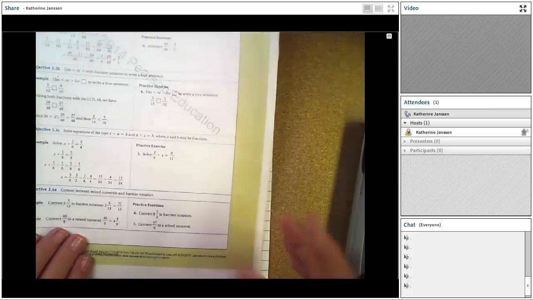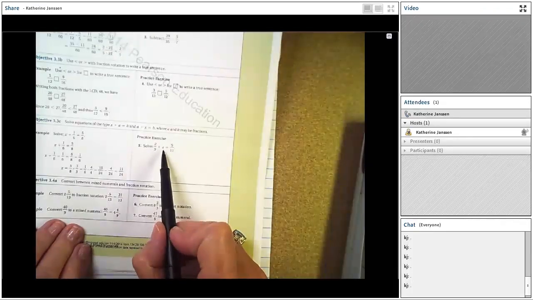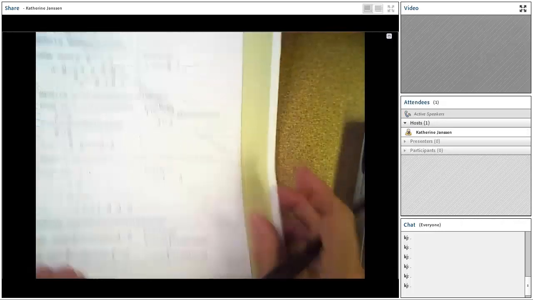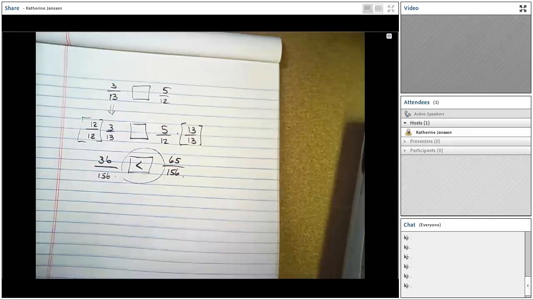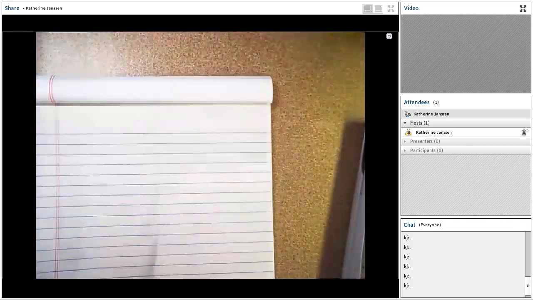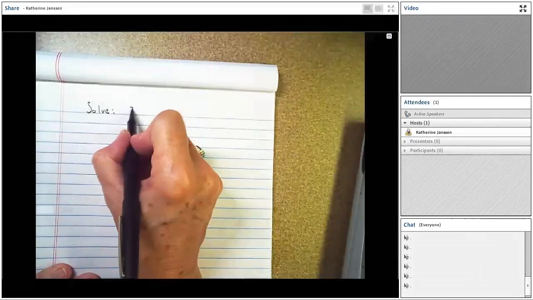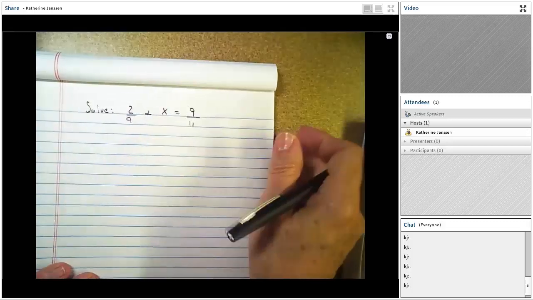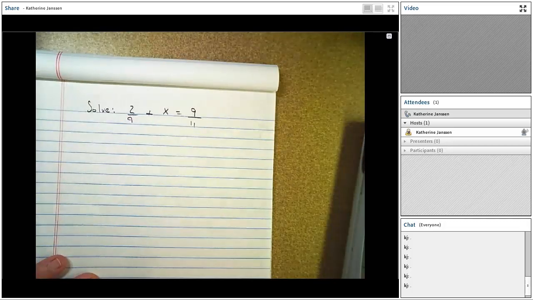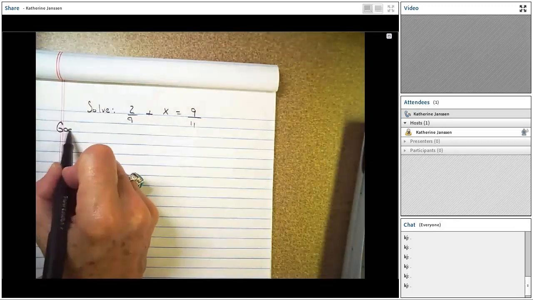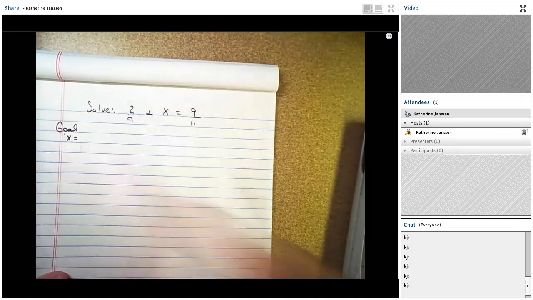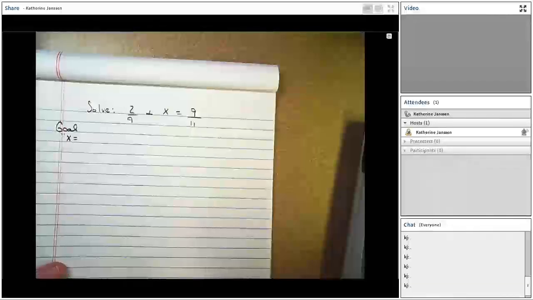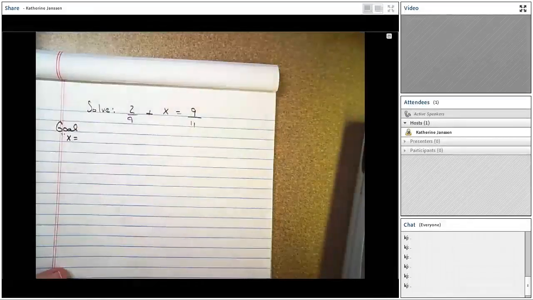Number 5, solve 2/9ths plus x equals 9/11ths. Directions are to solve 2/9ths plus x equals 9/11ths. Remember, when we're solving for a variable, our goal is to be able to isolate the variable on one side of the equal sign, to be able to say x equals, in this case.